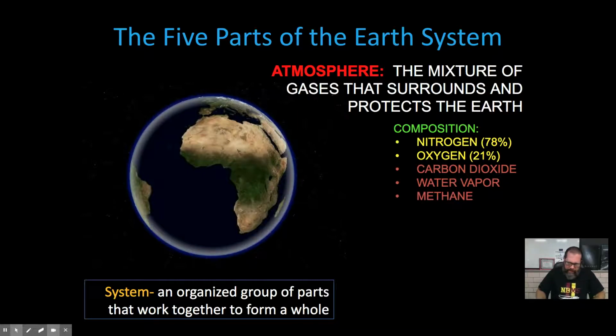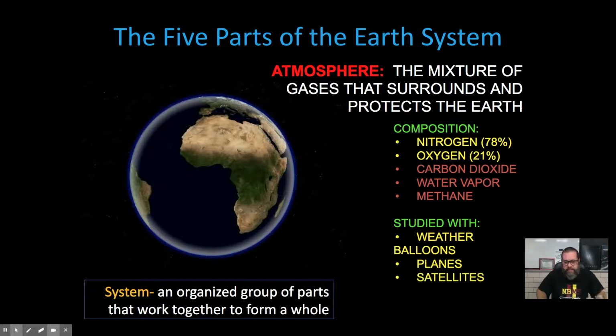Now, I listed carbon dioxide, water vapor, and methane in red because collectively these gases are the greenhouse gases, and I'll be showing you that here in a second. But how do we study the Earth's atmosphere? Well, we study it with things like weather balloons, airplanes. We have hurricane hunters who study atmospheric processes during those weather events in airplanes, and we also use satellites.